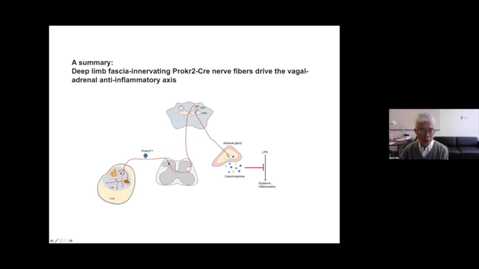The tissue surrounding the bone has dense innervation, compared with the cutaneous skin epidermis, or the outer muscle compartment from the gastrocnemius muscle or semitendinosus muscle, and all the outer compartment of the anterior tibialis muscle. Those have very minimal innervation. And you need to go deep into the limb region with low intensity electrical stimulation to drive this vagal adrenal axis to produce an anti-inflammatory effect.